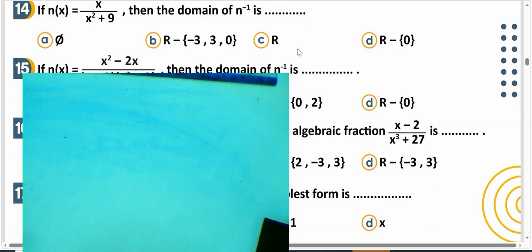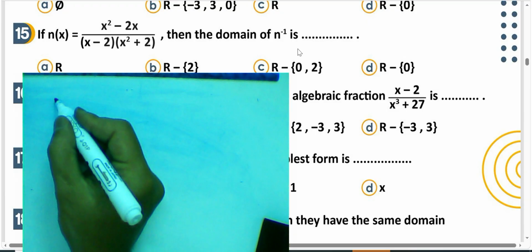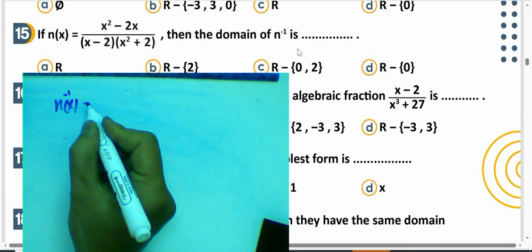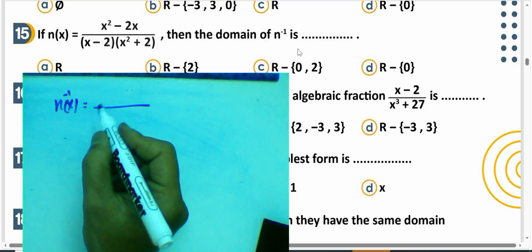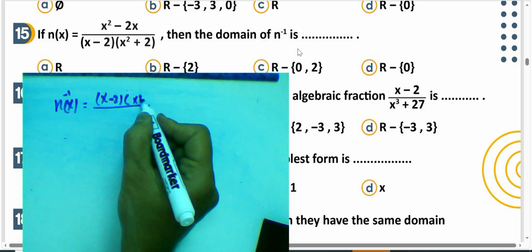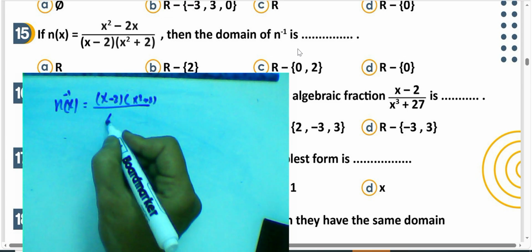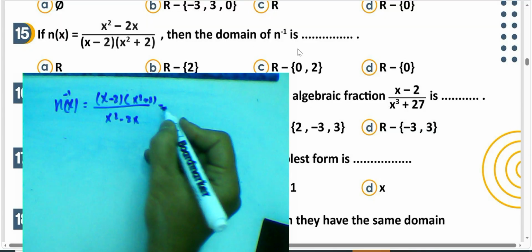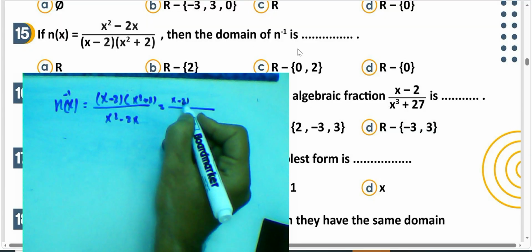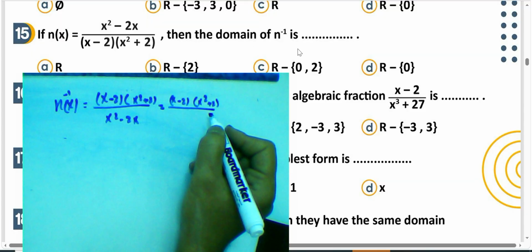Next question down here. If n of x equals this expression, I want to find the multiplicative inverse, right? The reciprocal: x minus 2 on top and, down, x power 2 plus 2 reciprocal of this function. Going up and down, it will be x power 2 minus 2x. Then we have x minus 2 times x power 2 plus 2.